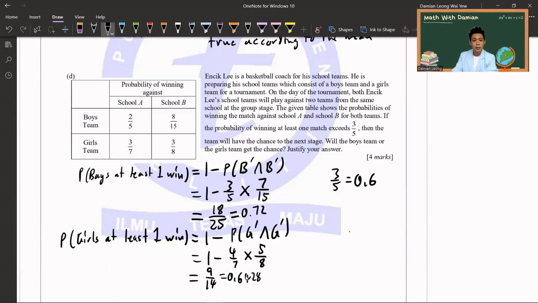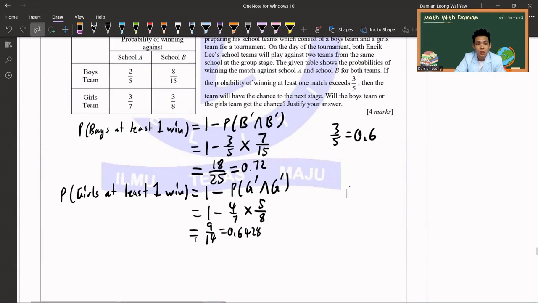So they say as long as the probability of winning at least one match exceeds 3 over 5, then the team will have a chance of going to the next stage. So basically that means both of them will have the chance because both of them exceed the 3 over 5 probability, which is 0.6.